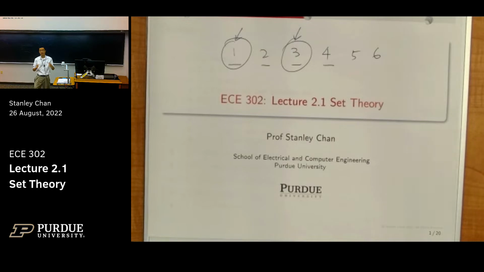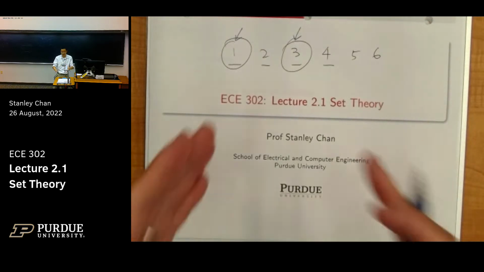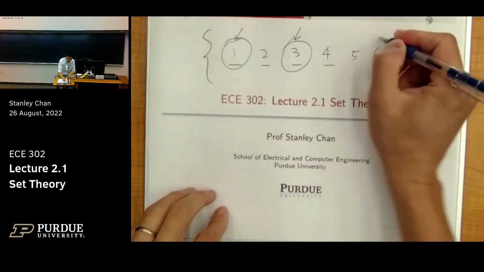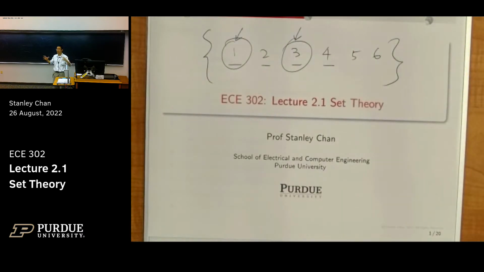Then you look at the description I gave to you: less than 5, and odd number. I'm telling you two statements. The first statement is less than 5, which is a subset inside the set. If you're new to this notation, a set is nothing but a bucket, a bucket that contains a lot of things, that contains elements.